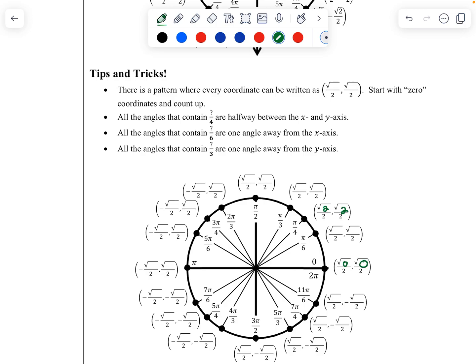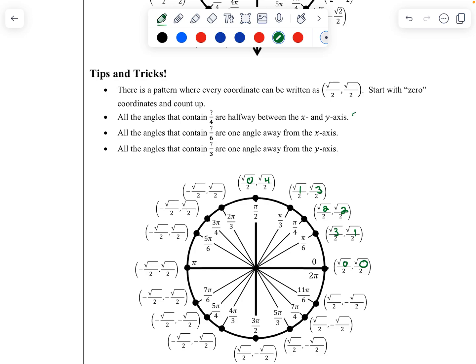I know that those are 2. 1, 2, 3. 0, and this is 4, 3, 2, and 1. So you could do tricks like that as well.